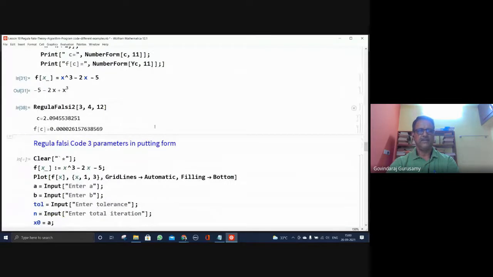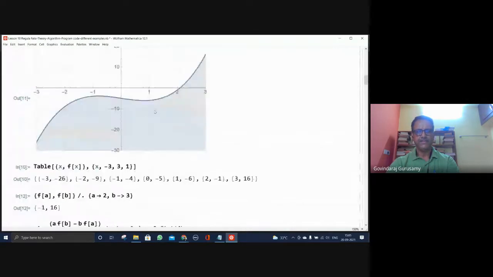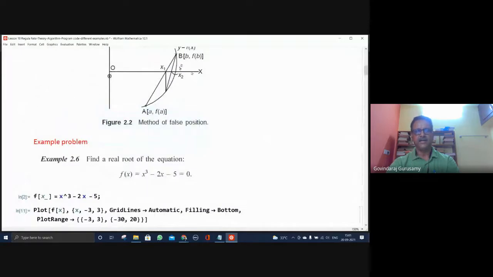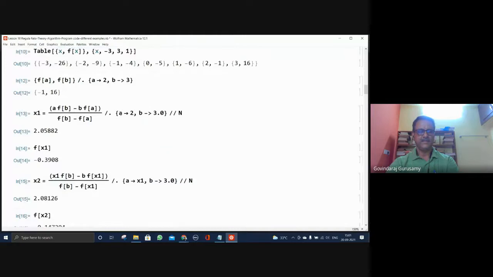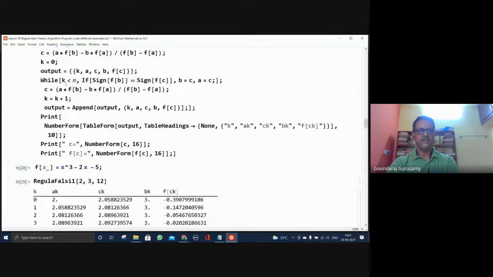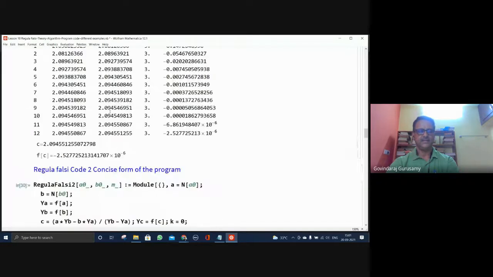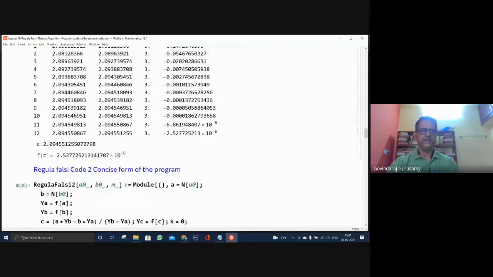So it can move even if you are going outside. The root can be this side or this side. That will be taken care of by the plus-minus sign changes in the program. Such things can be written so that even if you are going to the left or right, you can come to the root.